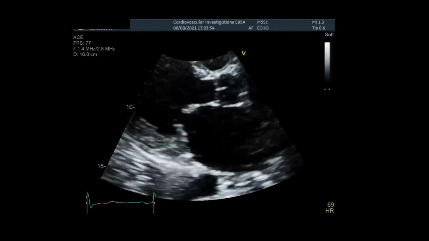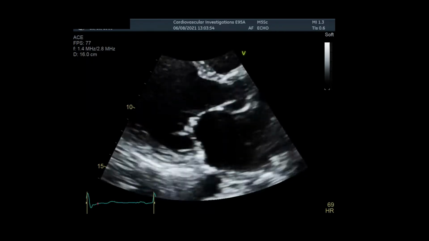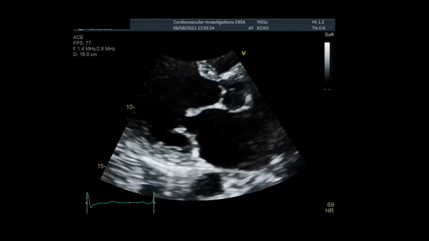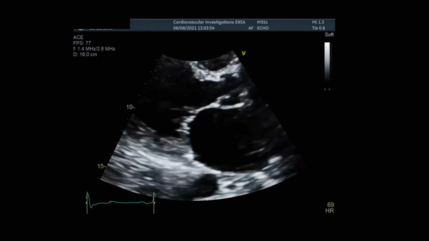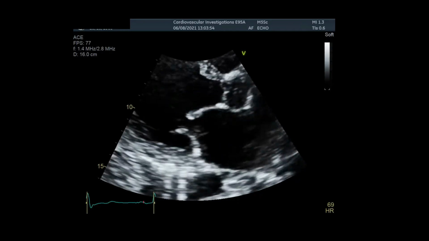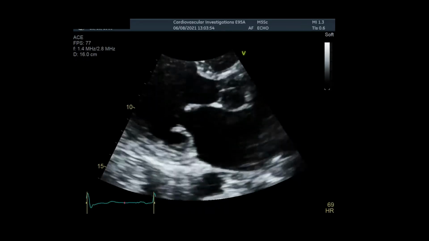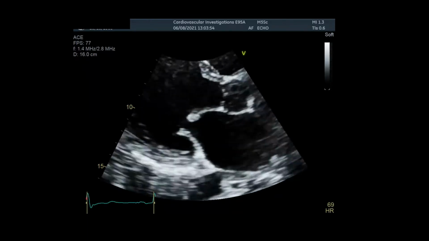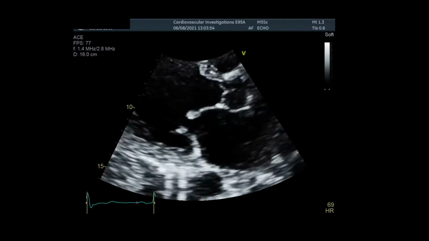This is another example of an abnormal valve to compare to the normal one we saw a couple of slides ago. In this image, you can see the leaflets are thickened. They look much thicker than the leaflets we looked at in the first image. They're also less mobile, which is reasonably clear to see, and they're probably not coapting at the tips.